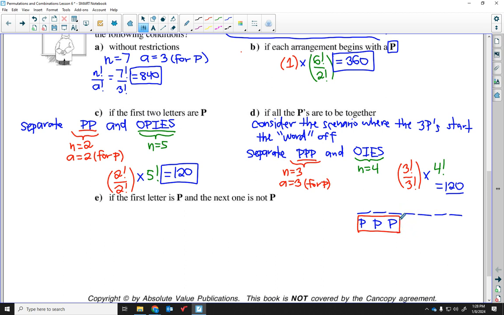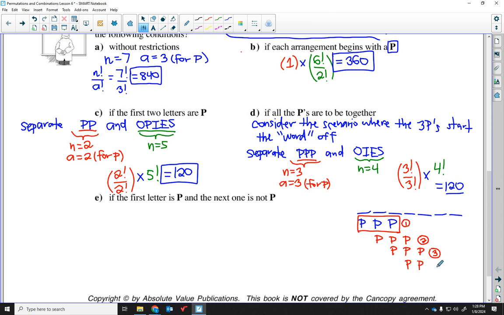There's actually a few more scenarios as well. So we're just going to take this group and just keep shifting it over by 1 until I get to the end of the word. So this would be one scenario. Another scenario is you could start the p's right here. So that would be 2. Another scenario, you could start them right here. So that's the third way in which I could have the p's grouped together.